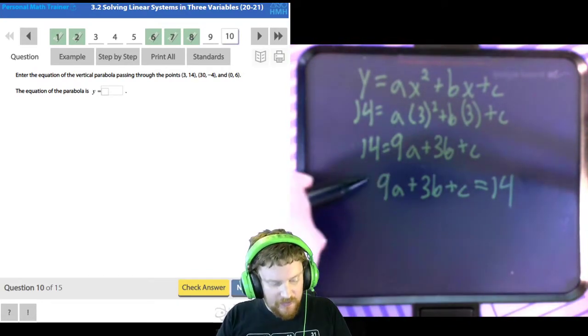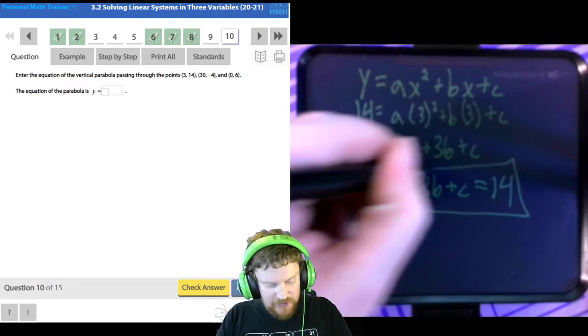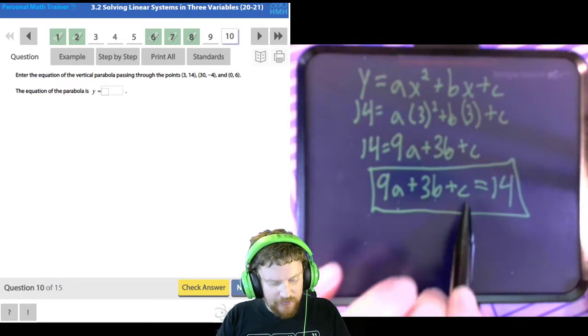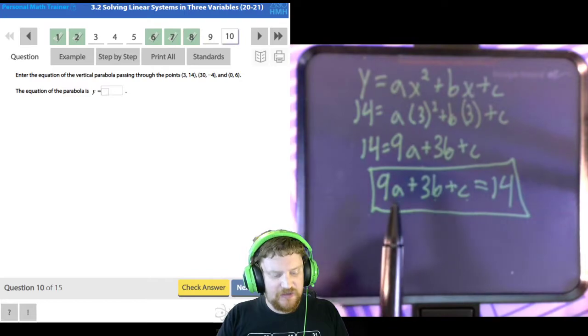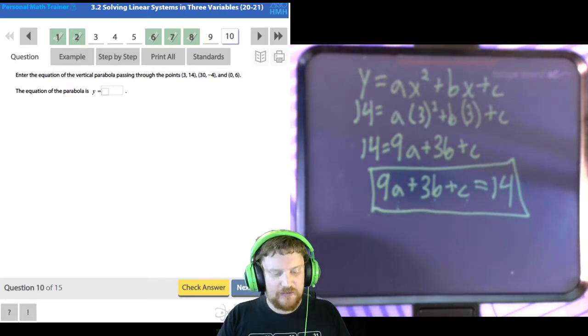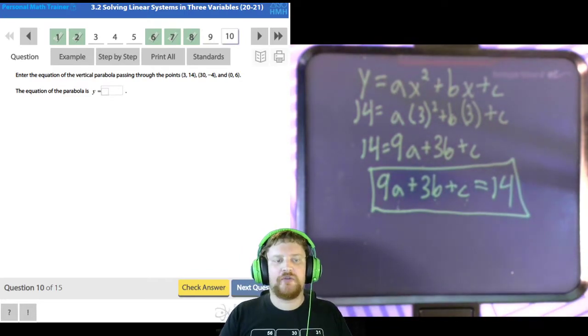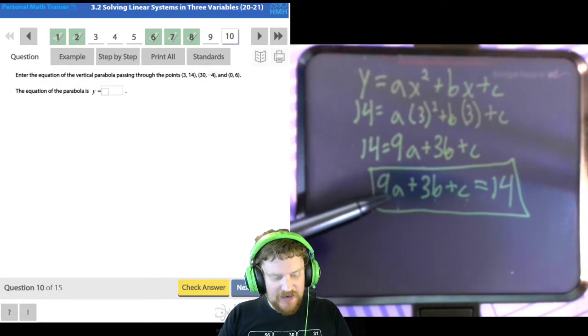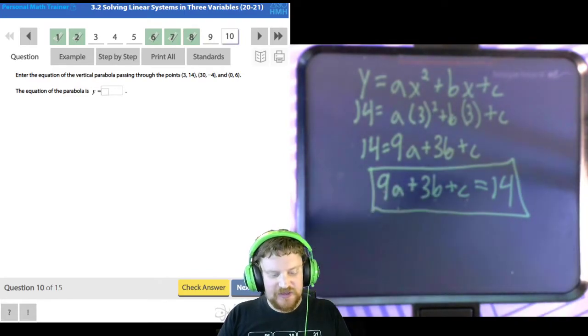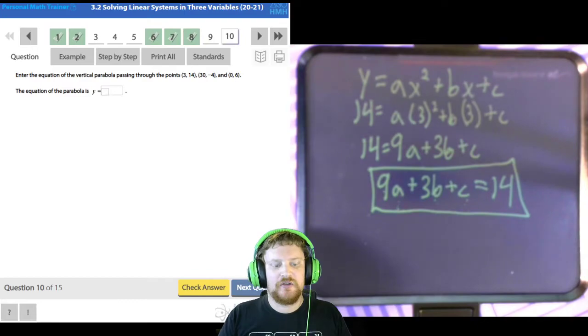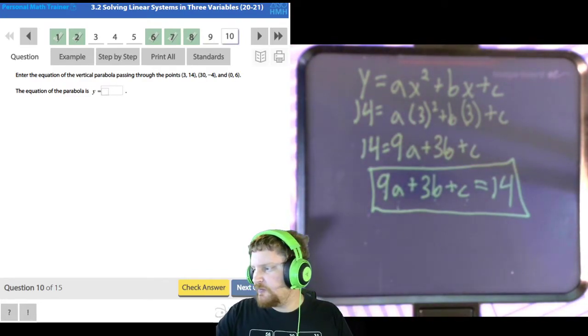Now what do I have? I have a linear equation with 3 variables, but instead of being x, y, z, they are a, b, c. I used one of the 3 points to get this. 9a plus 3b plus c equals 14. That gives me one of my three equations.